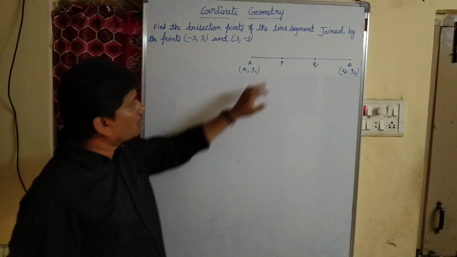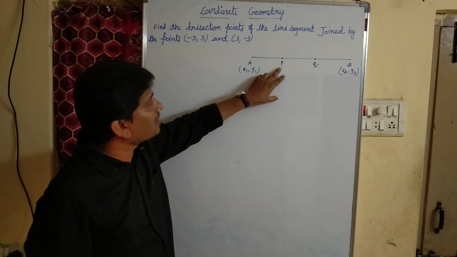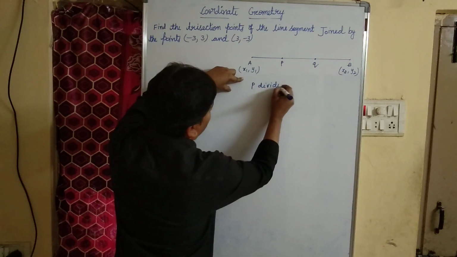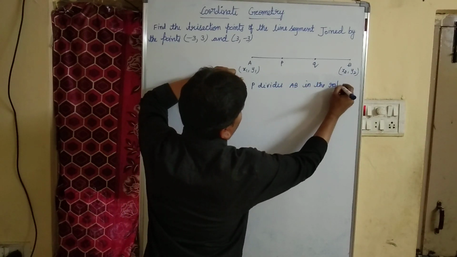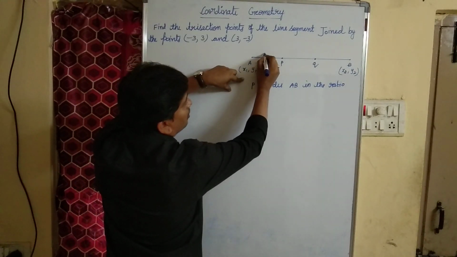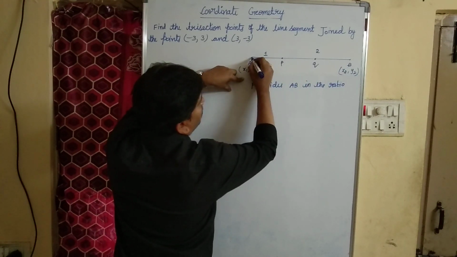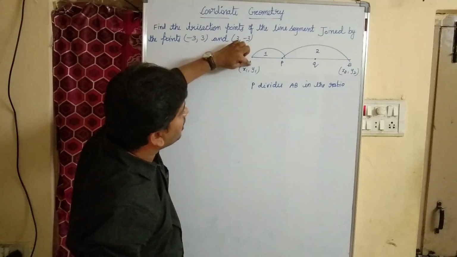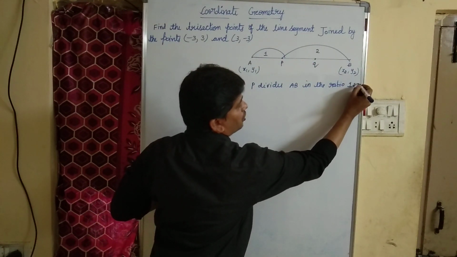Now, coming to point P, if you observe the point P properly, P divides AB in the ratio, as this is one part, and what about PB, which is 2 parts. P divides AB in the ratio 1:2.